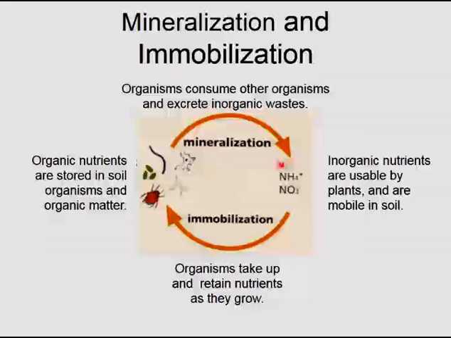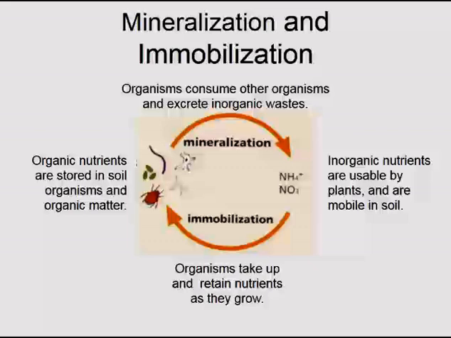In this case, the example is ammonium and nitrate. Now, this process can go the other way. We can get ammonium and nitrate that is immobilized, meaning that these bugs and critters and soil organisms have started to eat on this ammonium and nitrate and have thus put it into their bodies.